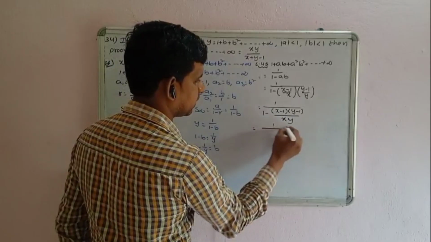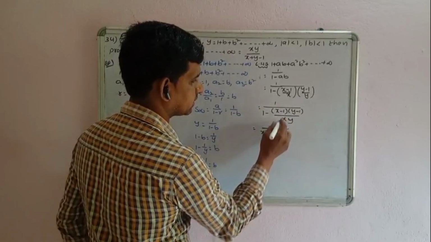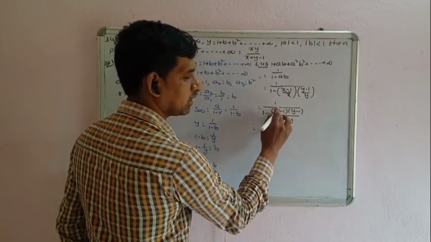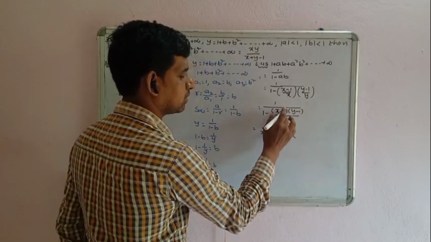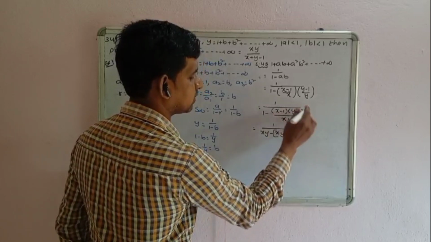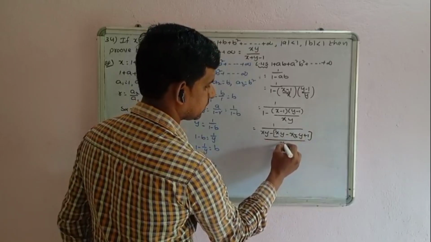That equals 1 by, okay, xy times 1 is xy minus, solve this one: x times y, xy; x times minus 1, minus x; minus 1 times y, minus y; next minus 1 into minus 1, plus 1, by xy.